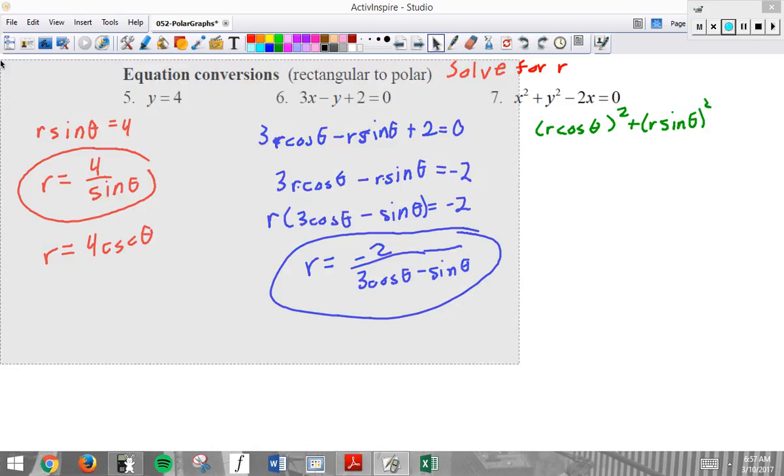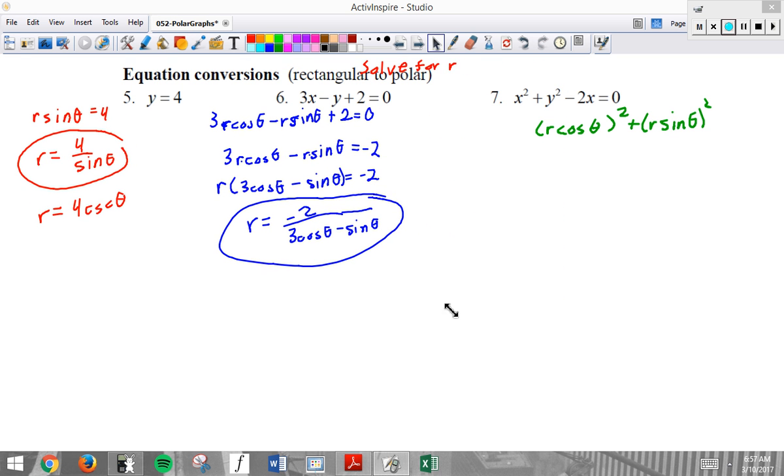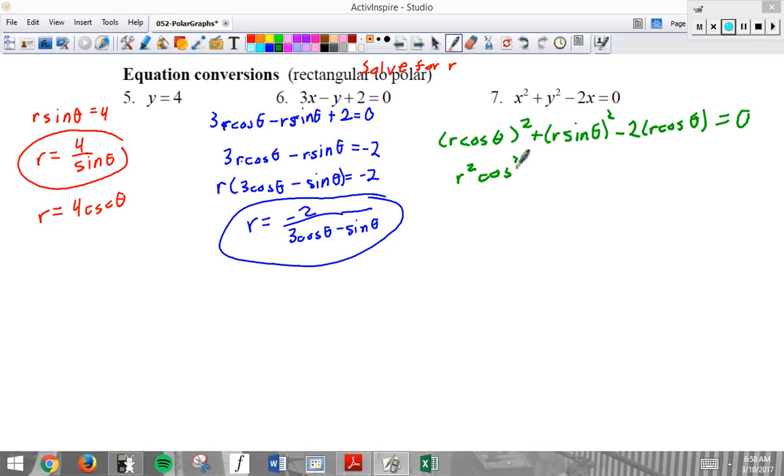Minus 2 r cosine theta equals 0. R squared cosine squared theta. This is a really slow way. You should have noticed something, but I'm going to show you that it's okay if you don't notice it.